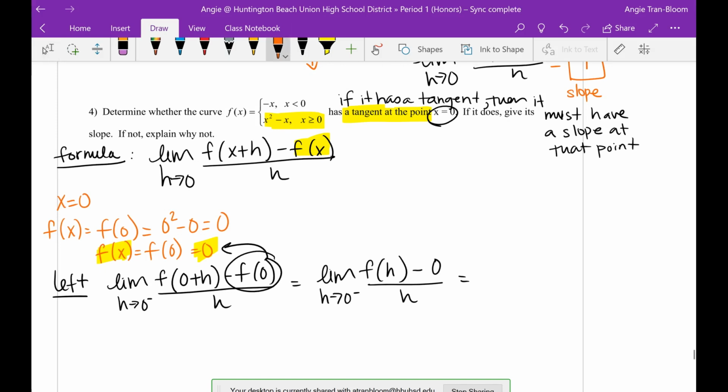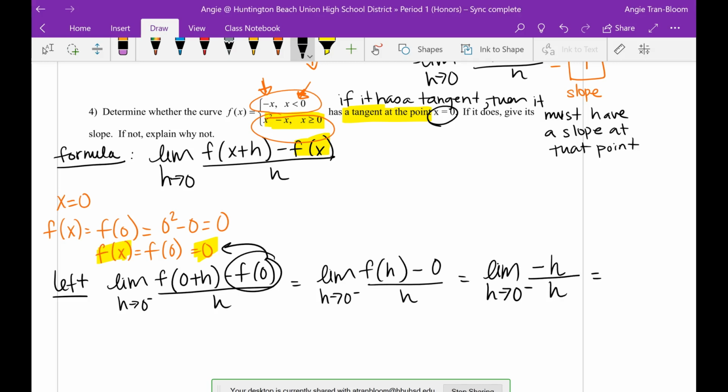You got two pieces, right? Here's piece 1, here's piece 2. Since you have two pieces and you're approaching from the left, then I had to use this one because this is the one that x has left side. So when I plug that in, it's now limit as h approaches 0 from the left. It's now negative h, okay, minus 0, it's just in essence nothing, over h.